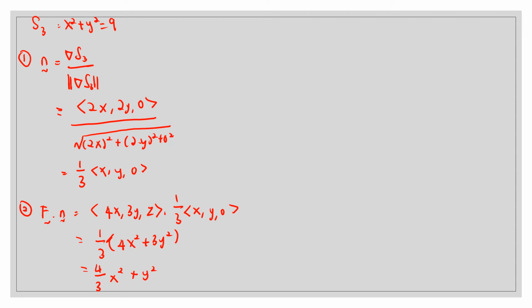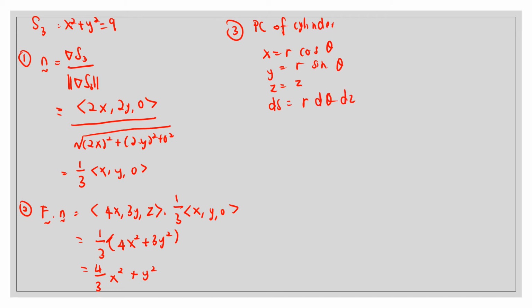Okay, next, step number 3. Because this is a cylinder, you need to convert to the polar coordinates of the cylinder. So x equals r cos theta, y equals r sin theta, z equals z, and dS is equal to r d theta dz.